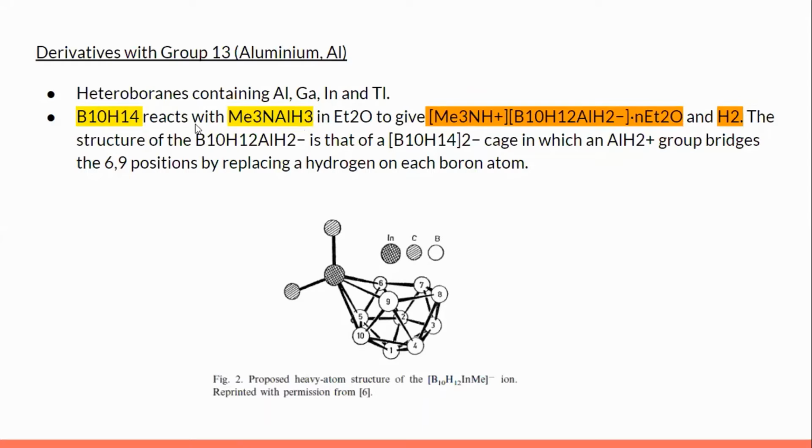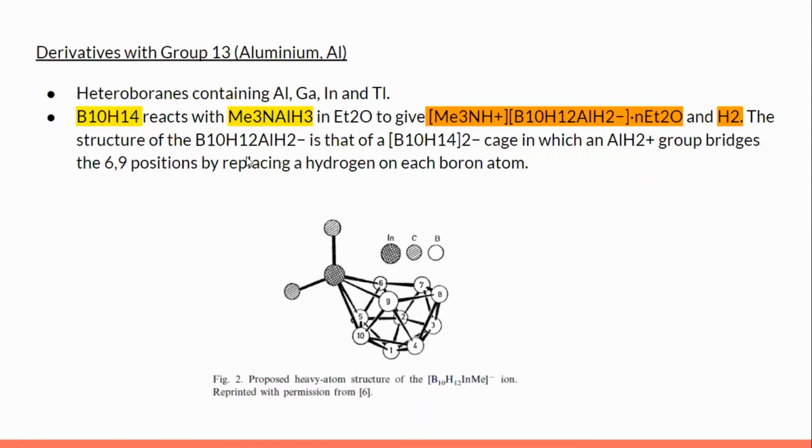This decaborane will react with Me3N and AlH3, which contains the aluminium, in diether to give this structure, which is the aluminium attached to the heteroborane, and hydrogen gas.